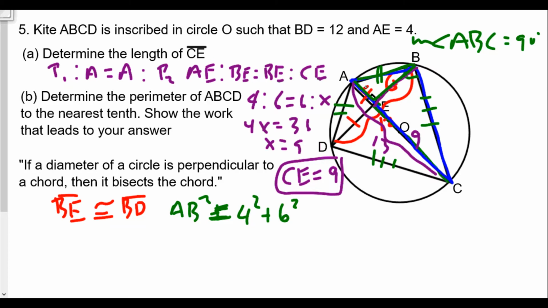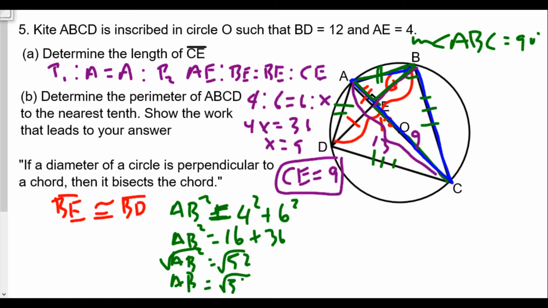So AB squared is equal to 16 plus 36, so AB squared is equal to 52, which means, taking the square root of both sides, AB equals the square root of 52. Again, because we're trying to find the nearest tenth, I'm not going to bother to simplify.